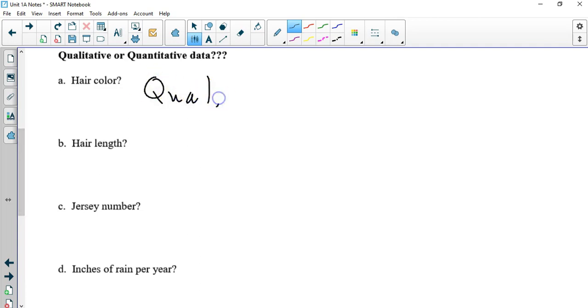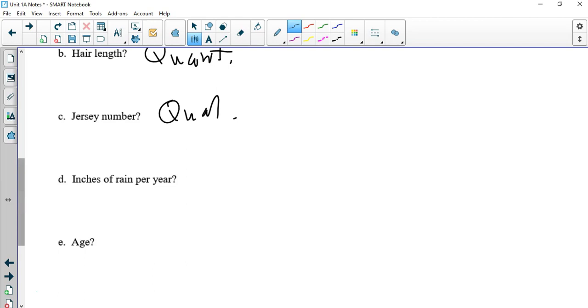I'm just going to abbreviate, qual. Hair length, well, that's a number, and it's something we could do something with. So, quantitative. Your jersey number is kind of like your student ID or your social security number. So even though it's a number, that's going to fall under qualitative.